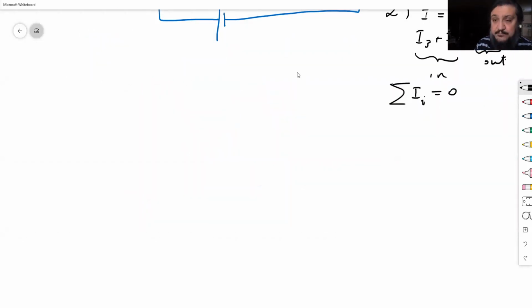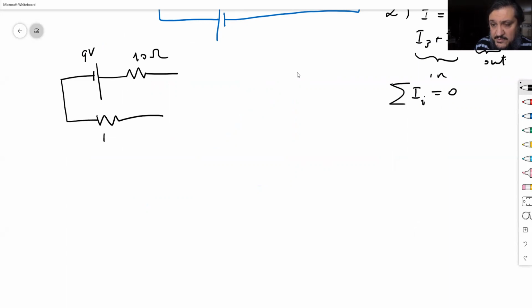Let's say I have a battery here, 9 volts, a resistor, 10 ohms, another resistor here, 12 ohms, and then I have a battery here, another resistor, let's say 12 volts and 5 ohms.